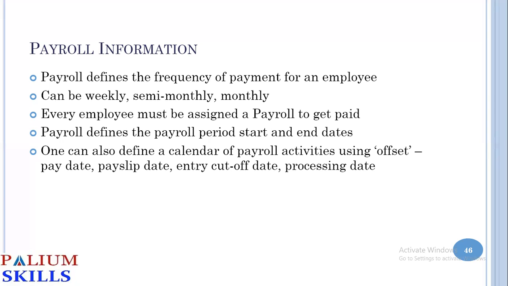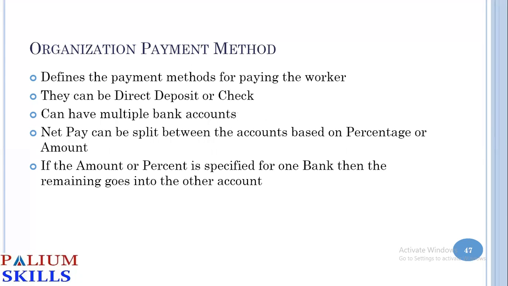Now, before the payroll is defined, we also need to define what we call the organization payment method. So it is the payment method for paying the worker. They can be paid by direct deposit or check. They can have multiple bank accounts, but this is for the organization.